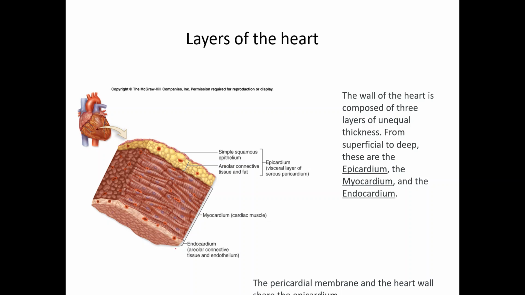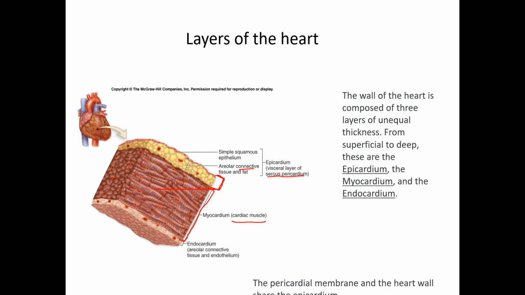Here is another picture to show you. This is the myocardium, and here is the epicardium, the same as the visceral layer of the serous pericardium. It's basically made of connective tissue and fat.